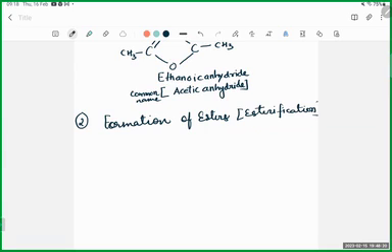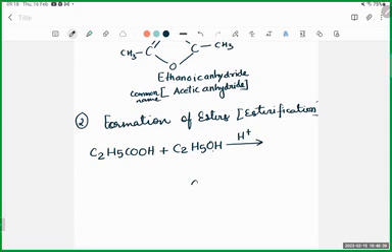The ester. Let's take C2H5COOH treated with the alcohol C2H5OH in the presence of acid. The water molecule goes out and we get the ester C2H5, C double bond O, then again C2H5.